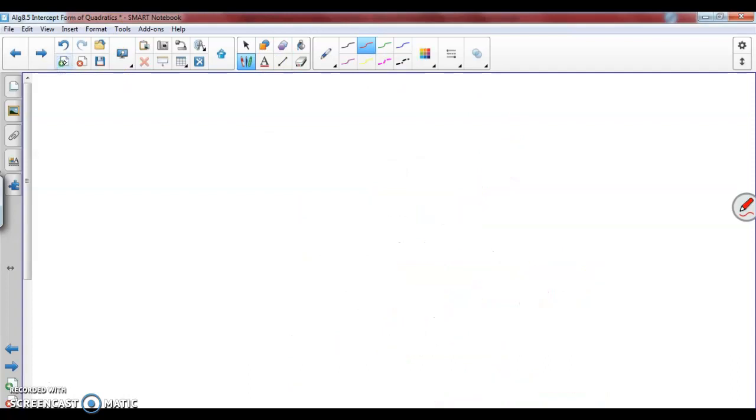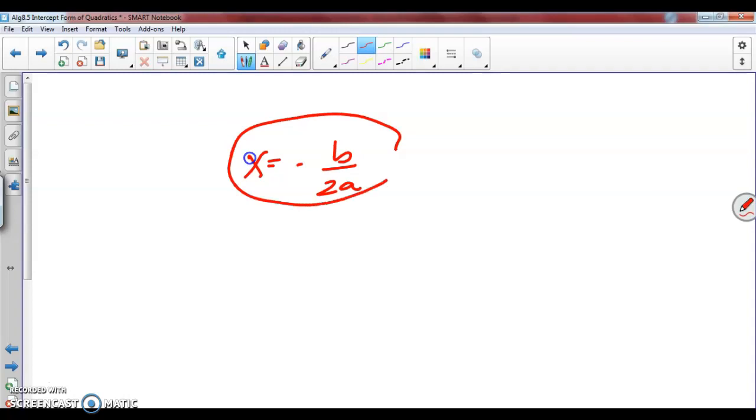However, let me just make it clear that if you're going to stick with just one method that works for all, always remember the formula x = -b/2a. For any type of quadratic function, whether it's monomial, binomial, factorable, or not, this works for all.